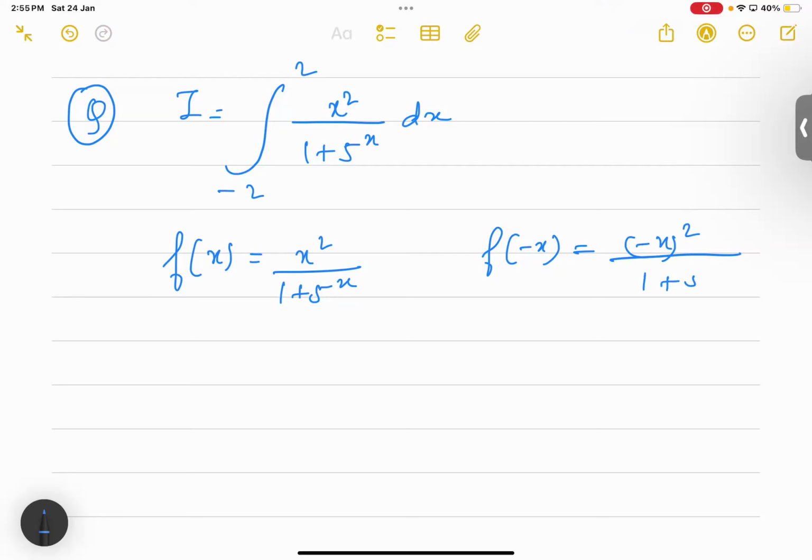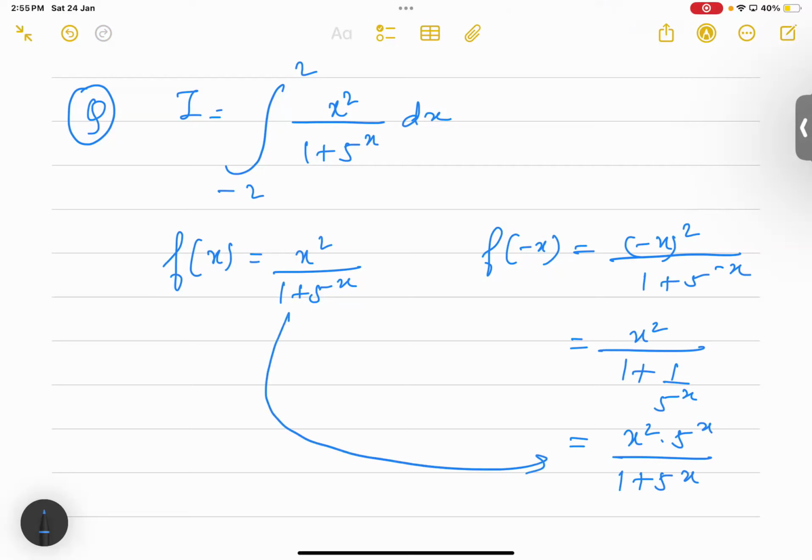So x square upon 1 plus 1 upon 5 raised to x, which is x square times 5 raised to x upon 1 plus 5 raised to x, right? Yes or no? Okay.